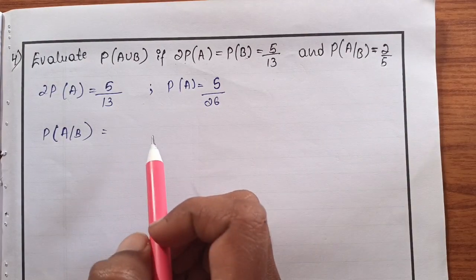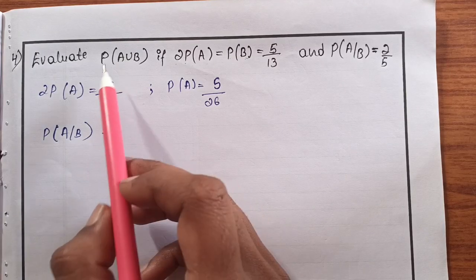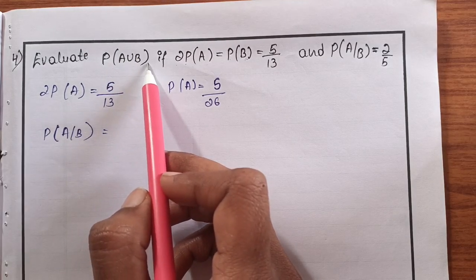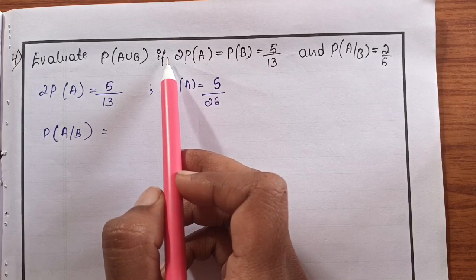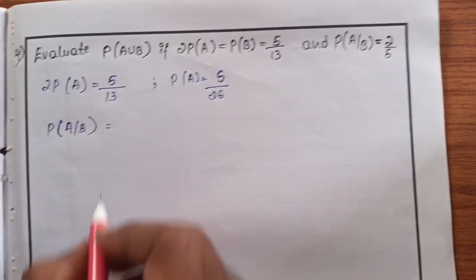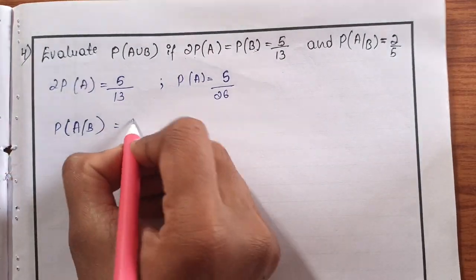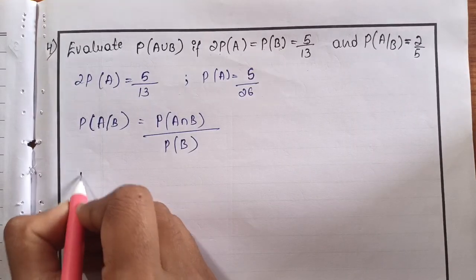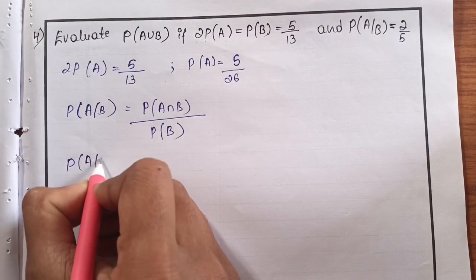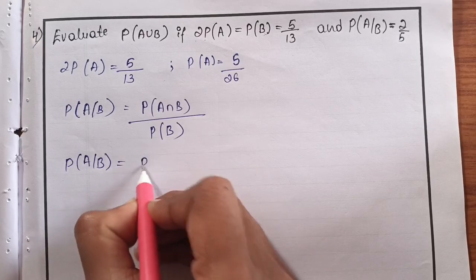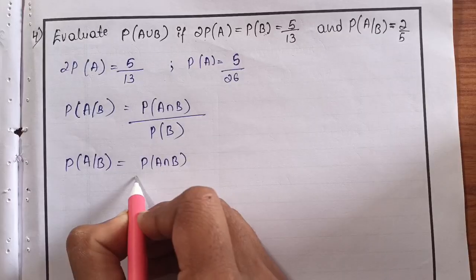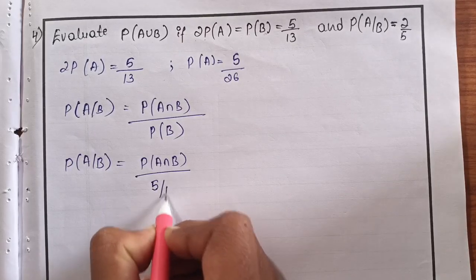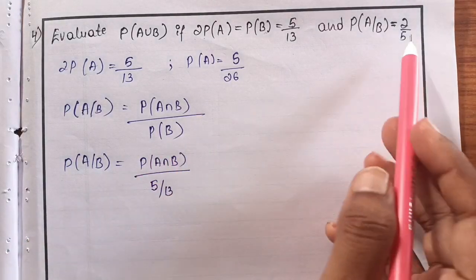We find out the probability of A intersection B, which is required for finding the probability of A union B. The formula of probability of A union B is probability of A plus probability of B minus probability of A intersection B. So probability of A by B equals probability of A intersection B divided by probability of B. The value of probability of B is 5 by 13, and the value of probability of A by B is 2 by 5.